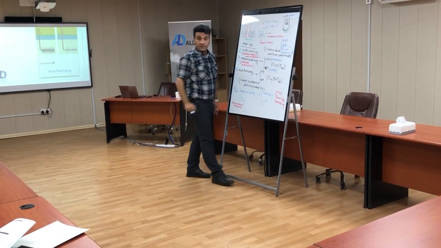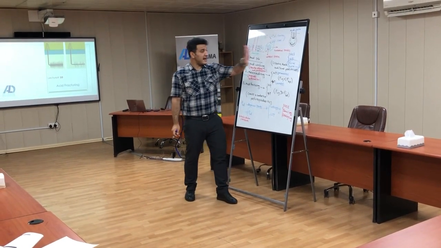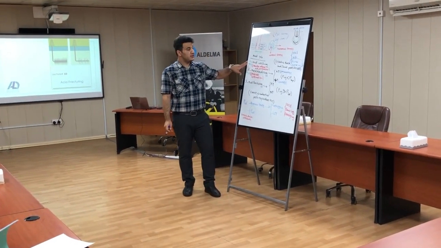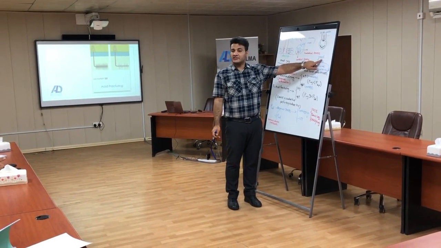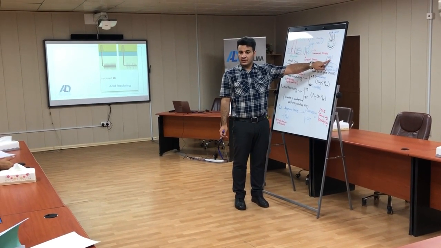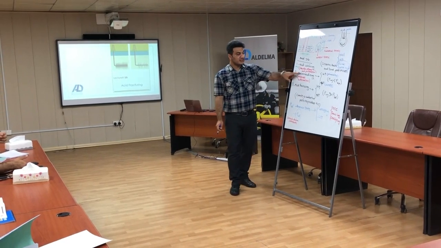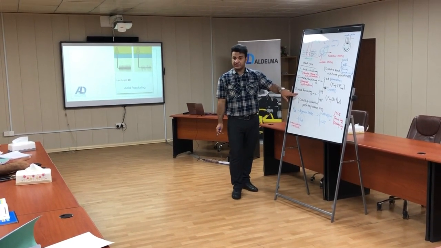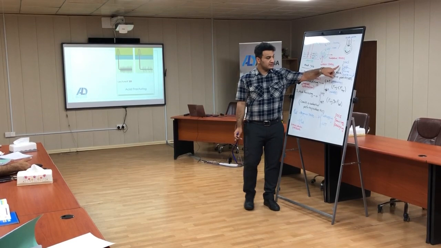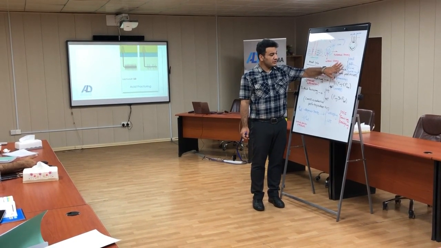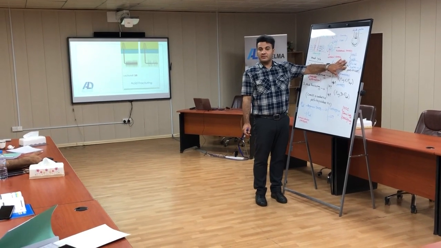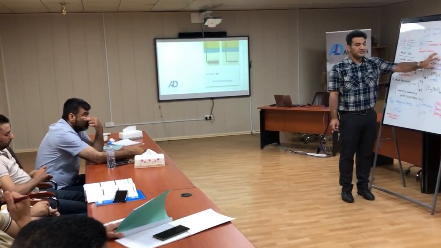For the acid wash, first stage, we use just HCl. But for matrix acidizing and acid fracturing, we may use HCl or HF. Also, maybe we have some corrosion problem. For the corrosion problem, we use the weaker acid.